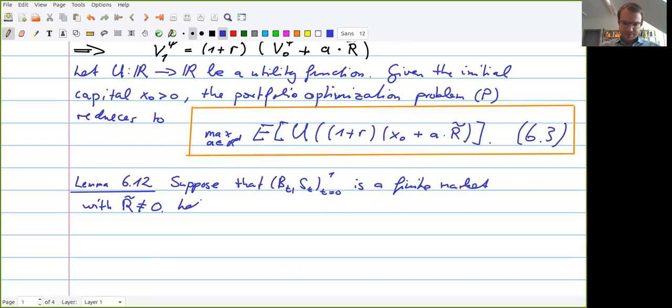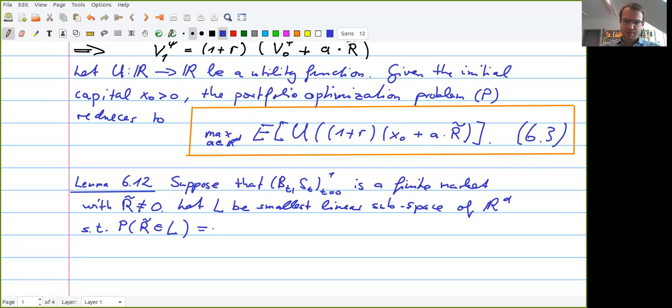Now let us denote by L the smallest linear subspace, so subvector space, of R^d, such that my vector of discounted returns takes its values in L almost surely.